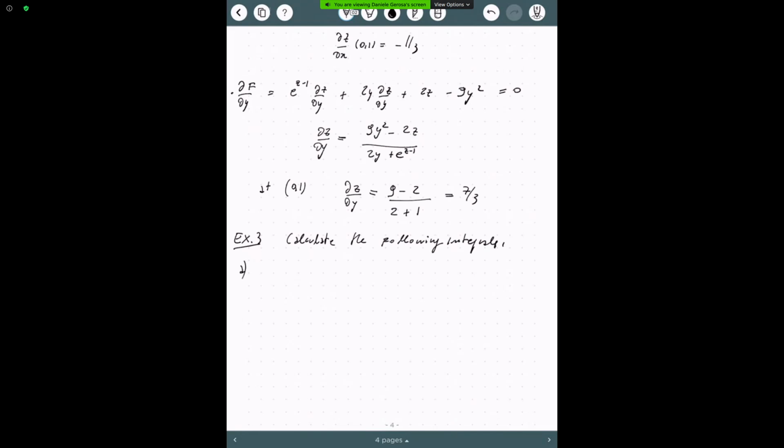The first integral to be calculated is I1, and it's equal to the double integral over some domain D1 of the function 2x divided by x squared plus y, dx dy, where D1 is the domain bounded by the curves x equal to 0, x equal to 1, y equal to 0, and y equal to 4 minus x squared, right?